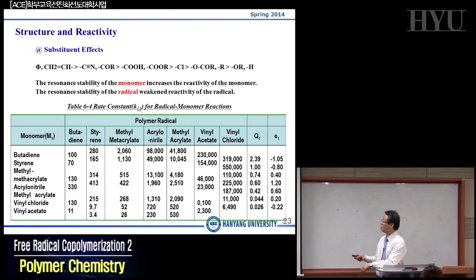So the conclusion about the structure of your monomer and the structure of your radical is quite opposite, okay?